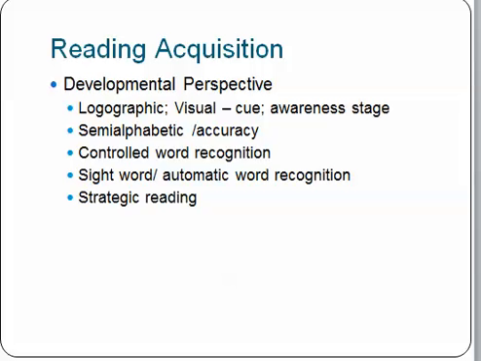The next stage is the semi-alphabetic accuracy stage, which has to do with an emerging knowledge of grapheme-phoneme relationships. They focus on letters and sounds, usually in the initial onset or the final position. They have some difficulty acquiring meaning from print without the aid of the context.